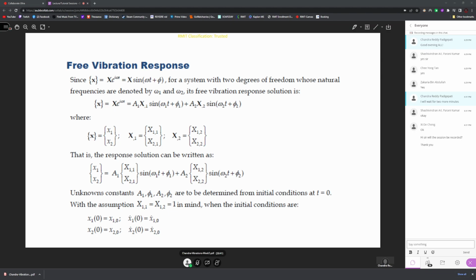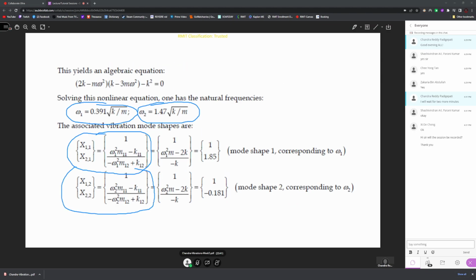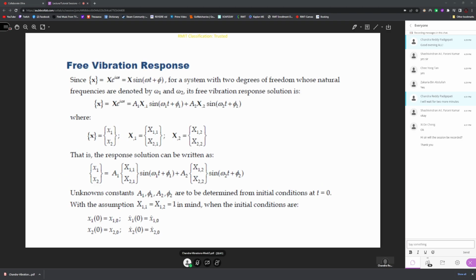And once we know the natural frequencies, we know how to get the mode shapes for the two masses. After that, we need to find the response of the system. That means the two displacements for the two masses are x1 and x2. So how can we write the response x1 and x2 for the system in terms of the given parameters?